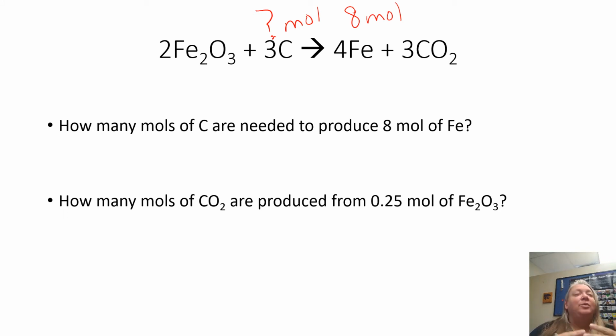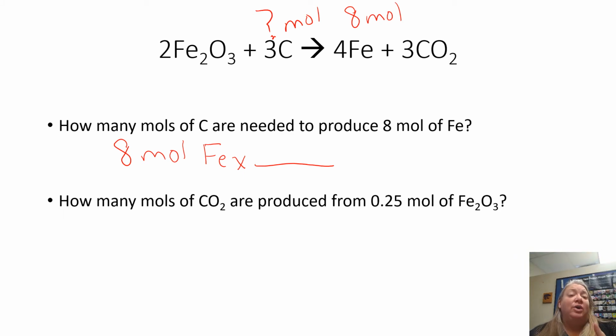Now, the other thing is that we always start with what was given to us in the problem, the numerical part given to us in the problem. We were told that we have 8 moles of iron times, and we're going to set this up like a unit conversion. And so here's where that molar ratio comes into play.